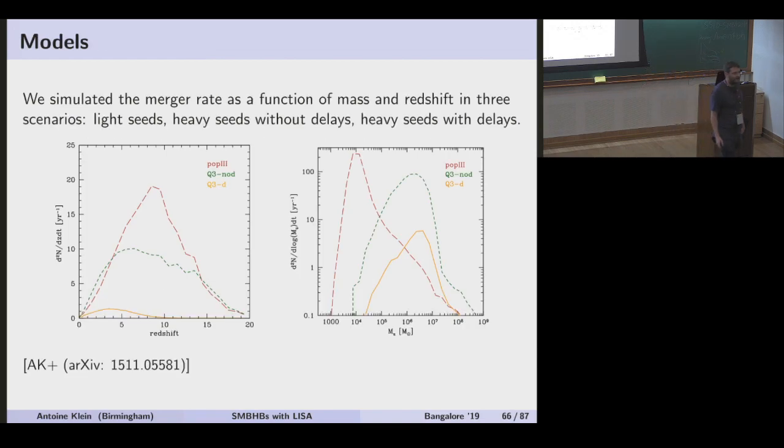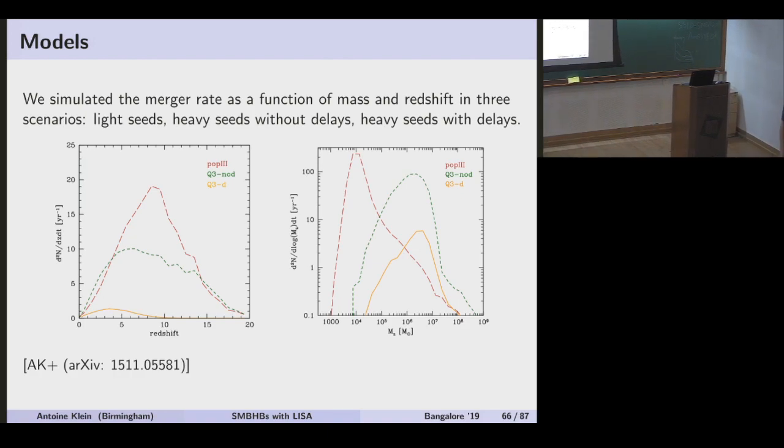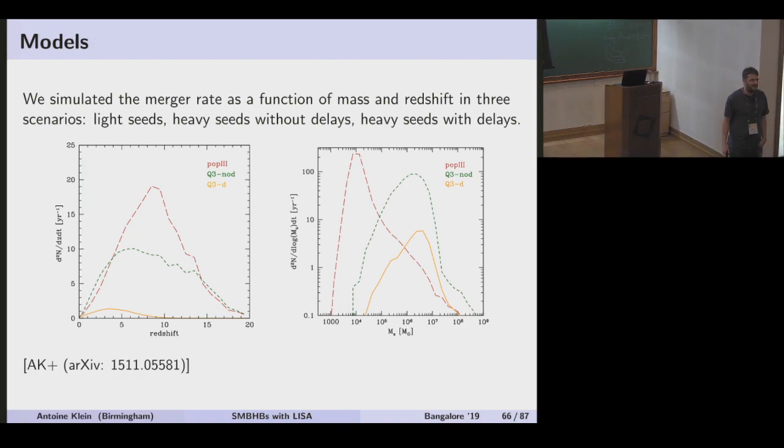What do you assume for binaries? What fraction of these black holes are in binaries? These black holes are created at the center of galaxies in the early universe, and they merge when the host galaxies merge.